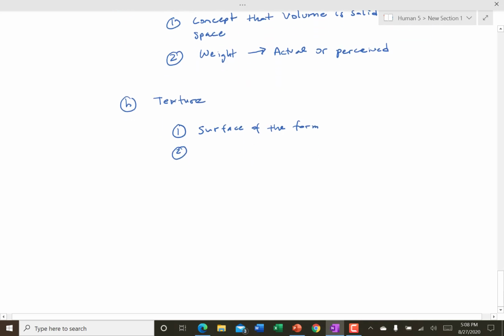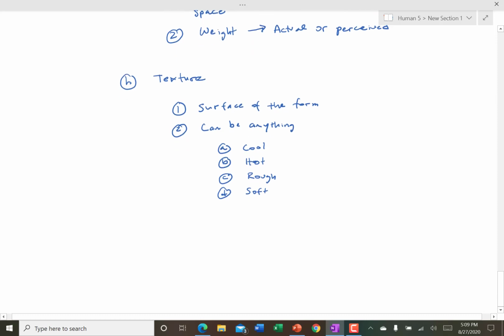And it can be anything. It could be cool, hot, rough, soft, etc. And the key with texture is that it's tactile, and it can be experienced through touch directly.